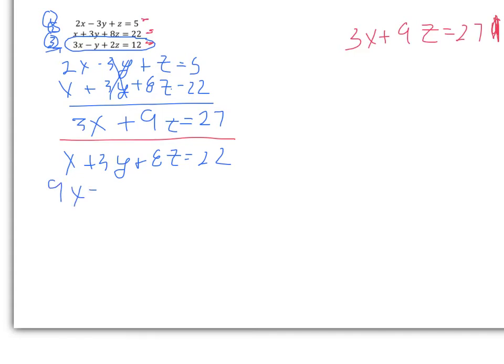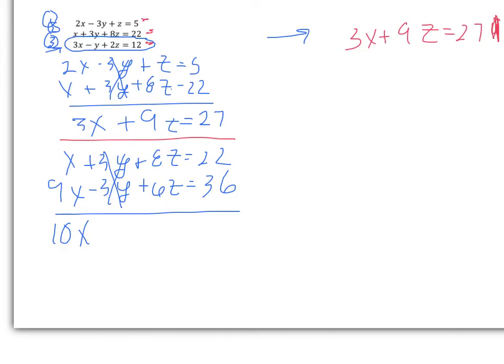9x minus 3y plus 6z equals 3 times 12, 36. So once again, I'm multiplying all of the terms in this third equation by 3 to get our 9x, our negative 3y, our 6z, and our 36 to eliminate the y's because we already have an equation over here with no y's. So adding these up, we get 10x.